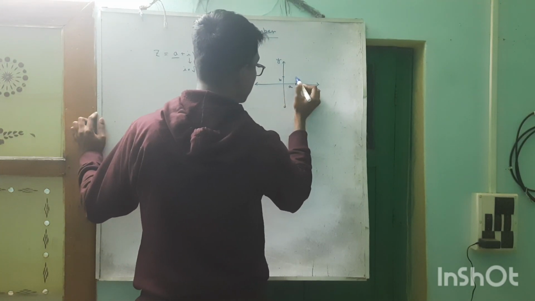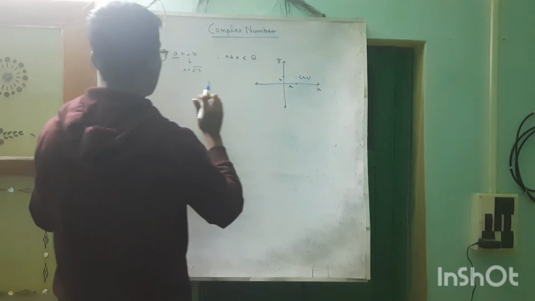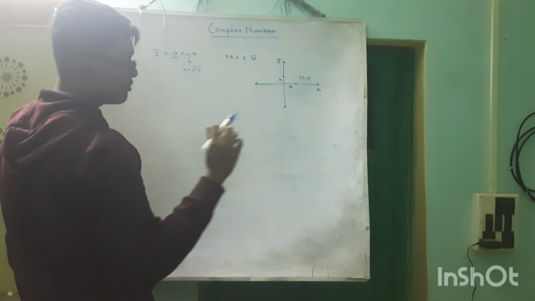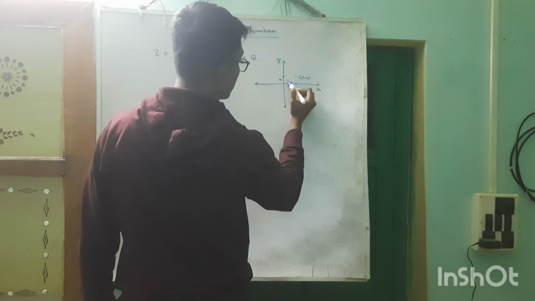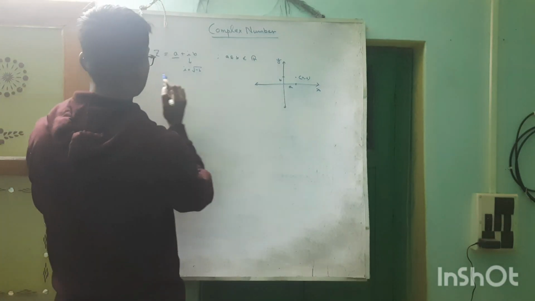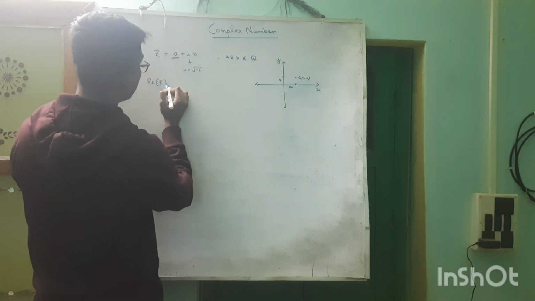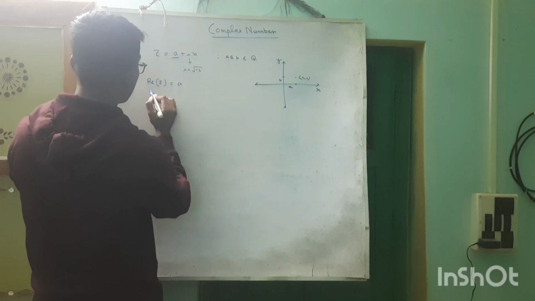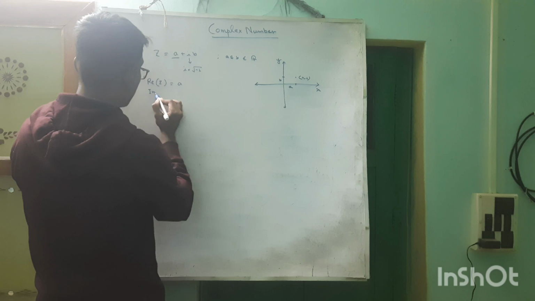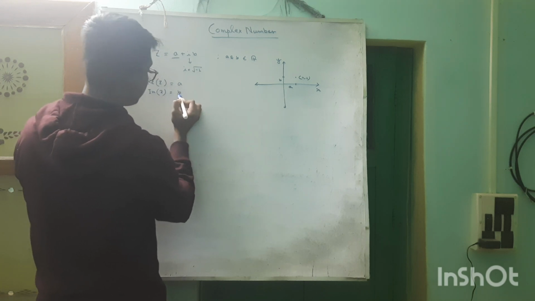So this is (a, b), the geometrical representation of a complex number in the Argand plane. Okay. So the real part of the complex number, Re(z), is equal to a, and this is the imaginary axis, so the imaginary part of the complex number is b.